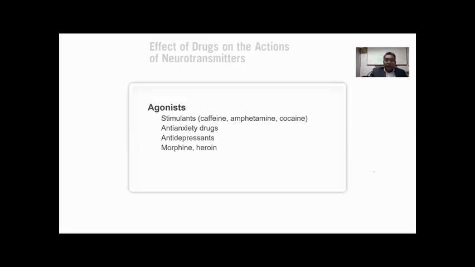Morphine and heroin are other examples. An example of antagonists is antipsychotic drugs. They decrease the availability and activity of a naturally occurring neurotransmitter, and we'll talk about that again later.